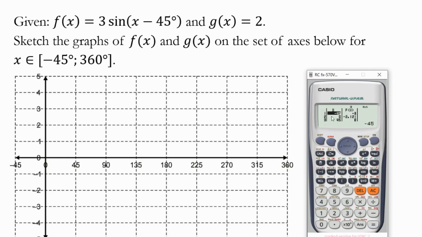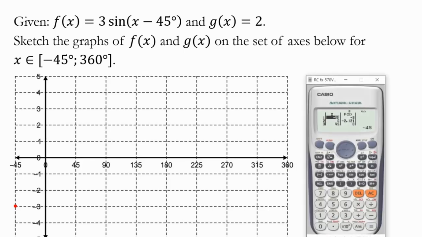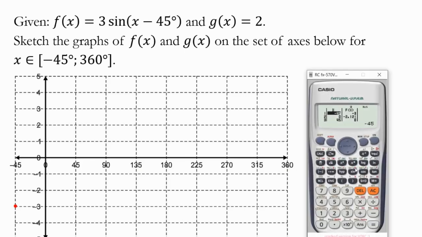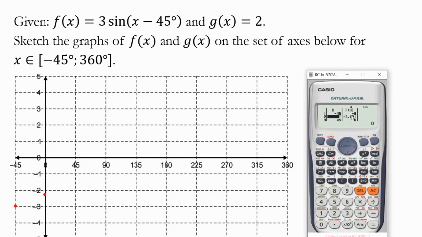So at negative 45, you can see there is negative 3. So you enter that point, negative 45, negative 3. And then 0 is negative 2.121. And then 45 degrees is 0.